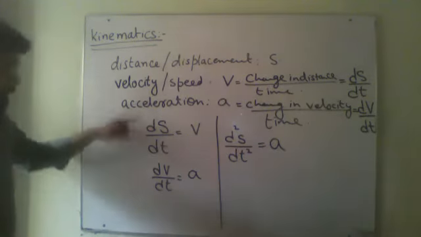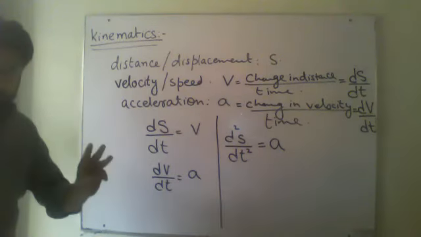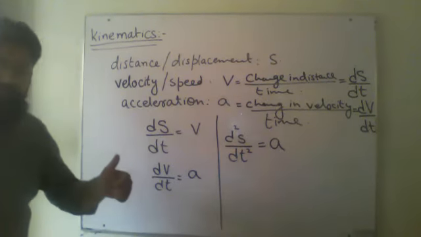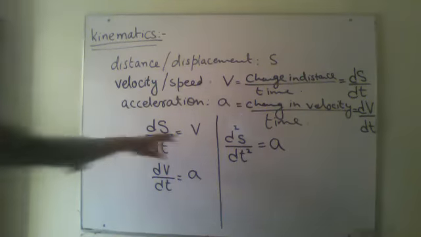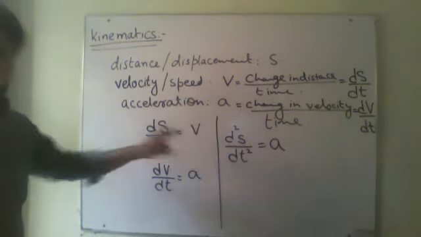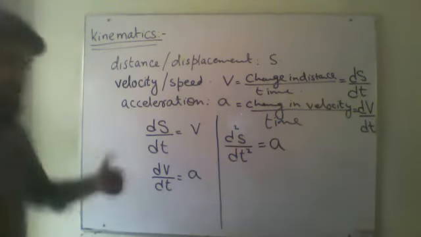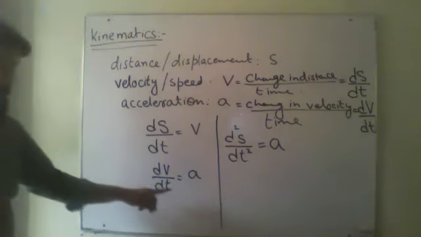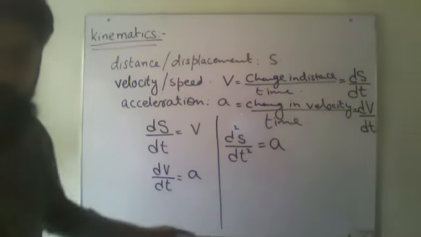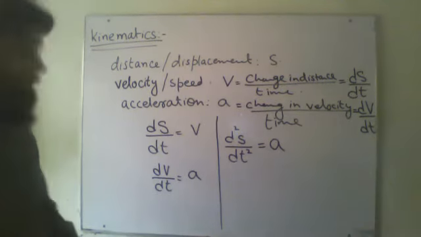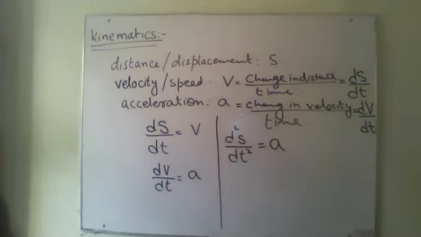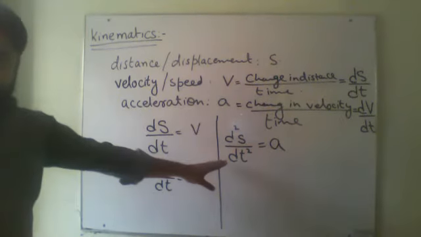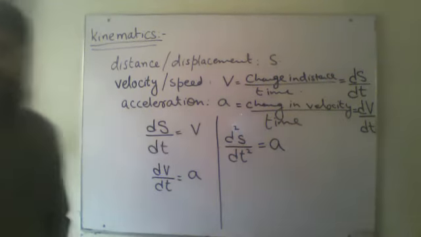So three things you have to remember. If displacement is given, differentiate the displacement equation with respect to time, you will have velocity. If velocity is given, differentiate it with respect to time, you will have acceleration. And if you take the double derivative of displacement, you will get acceleration.